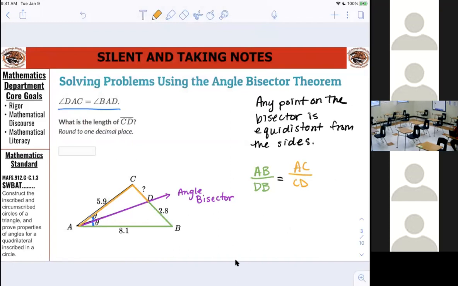What are they matching up? Something that's similar. So take a look, what's in the numerator? They both have A and D. Which side length is in the numerator and which side length is in the denominator?